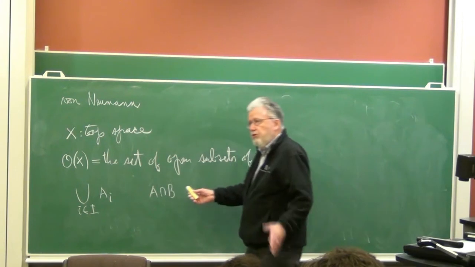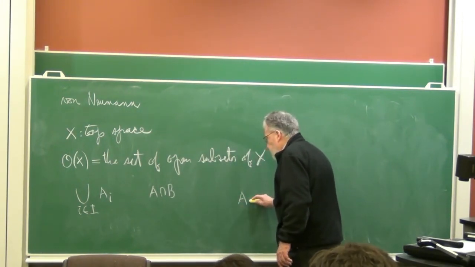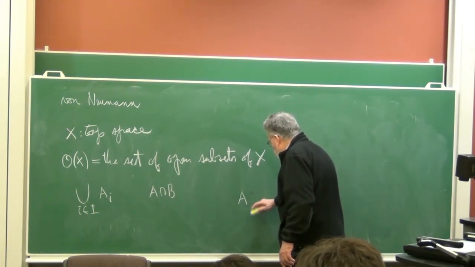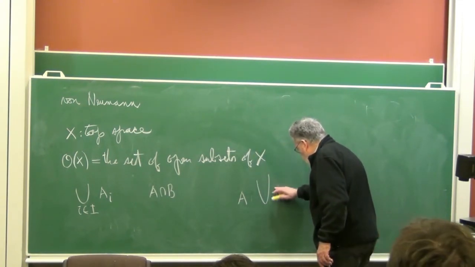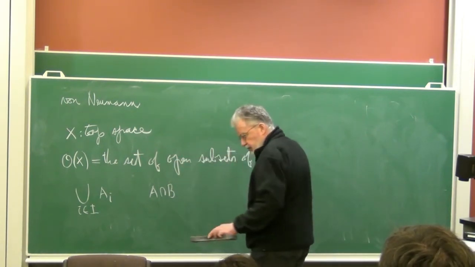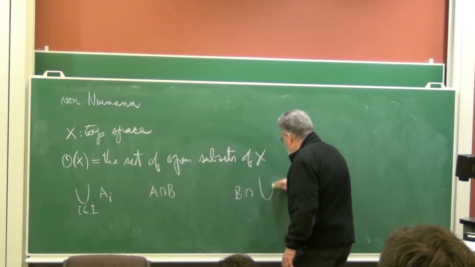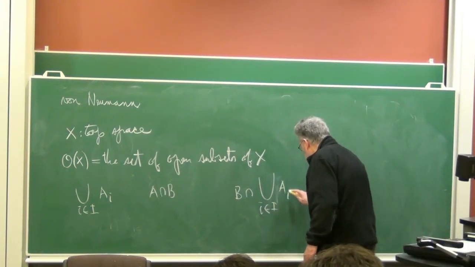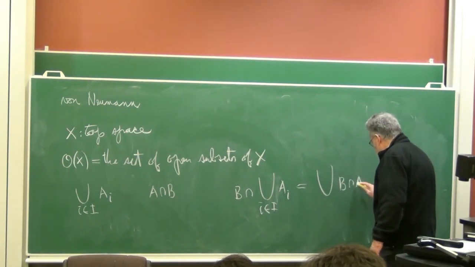And these two operations are related by a distributivity law, which is that if you intersect a union, let me write, the distributivity law is that the intersection with a union is the union of the intersections with the A_i.